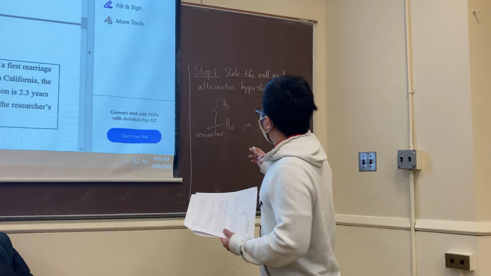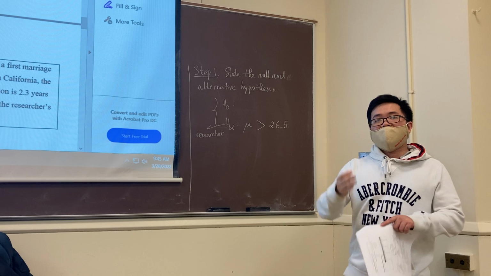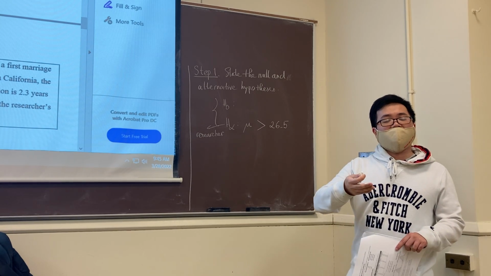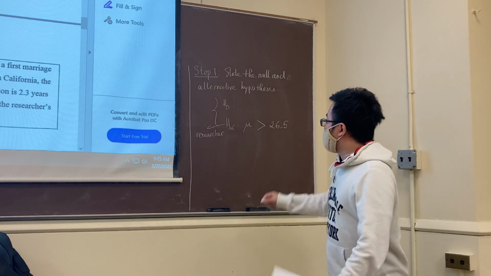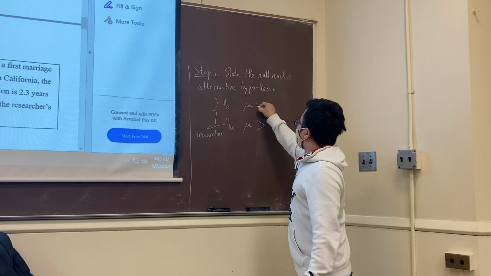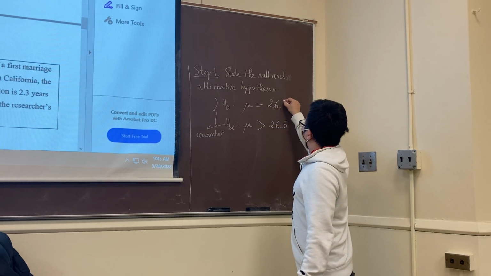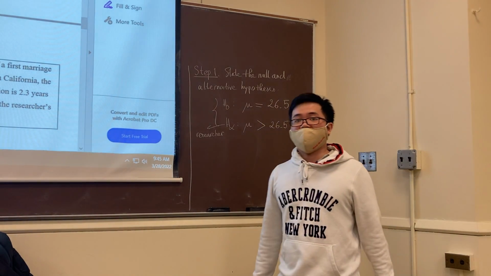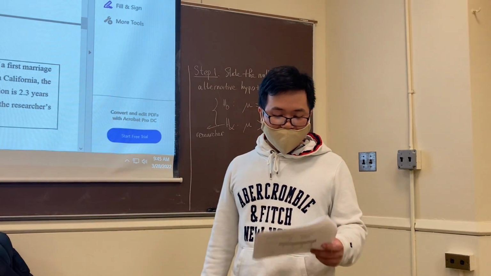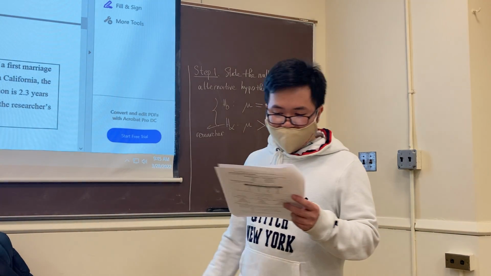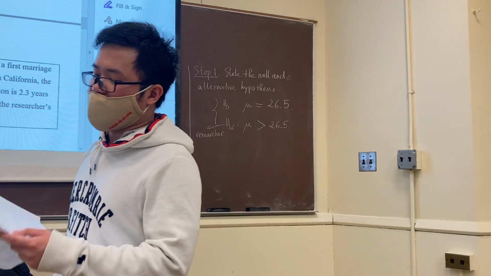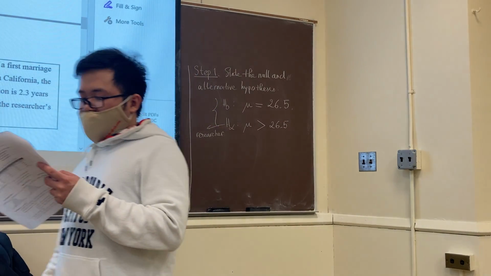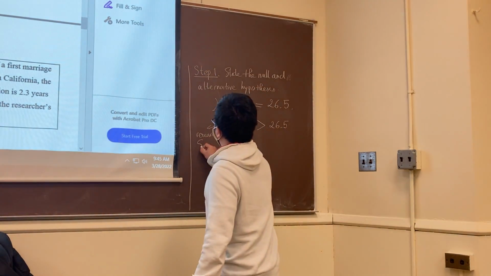And regarding the null hypothesis, that is the opposite side of the researcher and has the equal side. That means mu here is equal to 26.5. That is the null hypothesis, right? Yeah, that is the first step when you do the hypothesis testing.